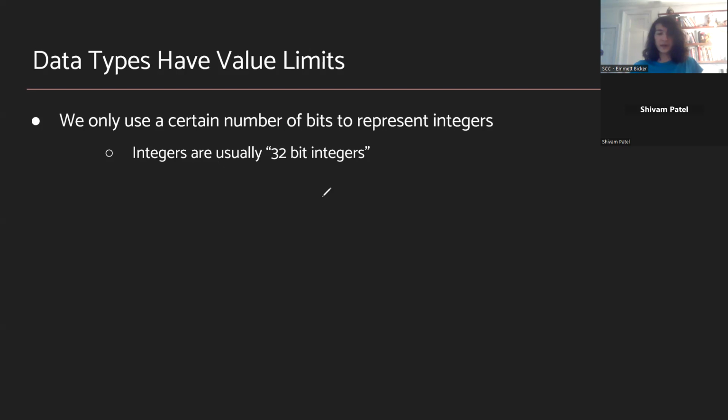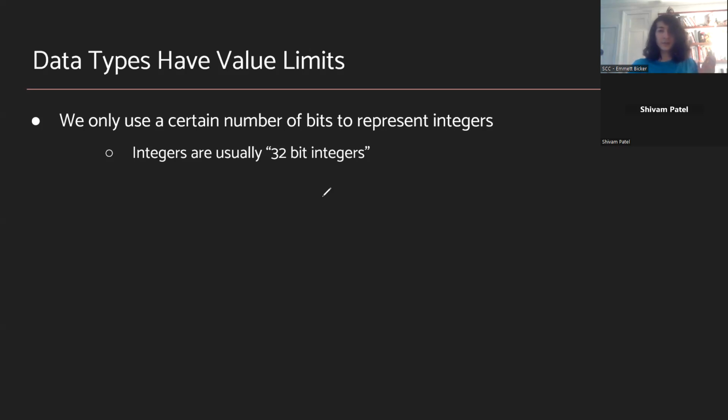So I want to restrain that to a set amount of size. What that basically means is that we only use a certain amount of bits for our data, and a bit is a binary digit. So when I'm storing an integer, I'm going to call that a 32-bit integer, because it is only 32 bits, or 32 digits, long.